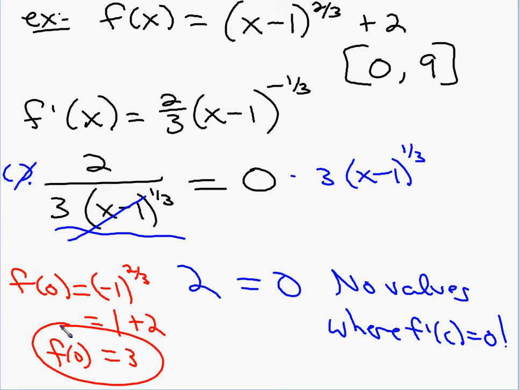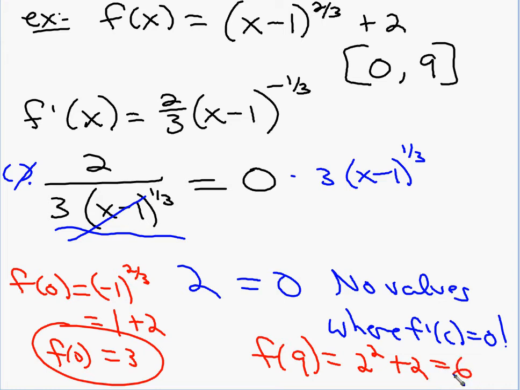All right, there's one endpoint. And how about f of 9? Well, f of 9 is going to be 9 minus 1, which is 8. The cube root of 8 is 2. 2 squared plus 2. So 4 plus 2, that's going to be 6.